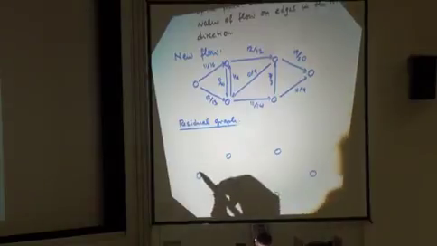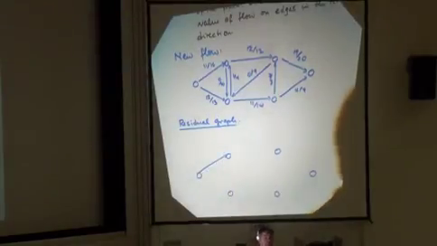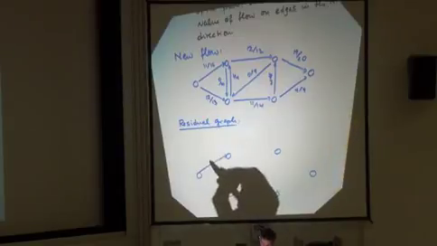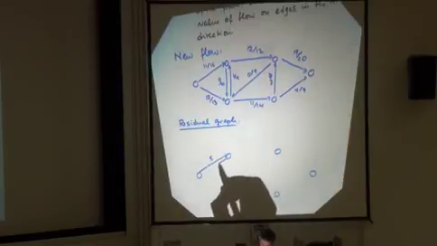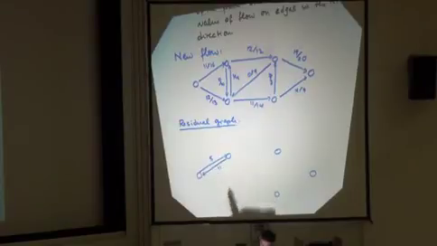Okay, so we have a forward edge. What's the capacity of the forward edge? 5. Capacity of the backward edge is 11.